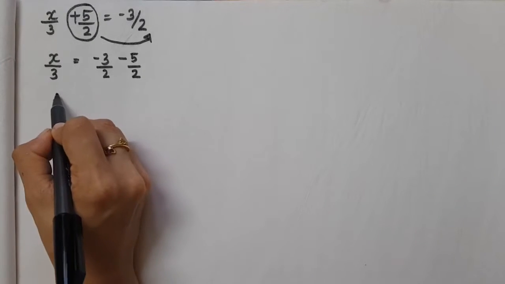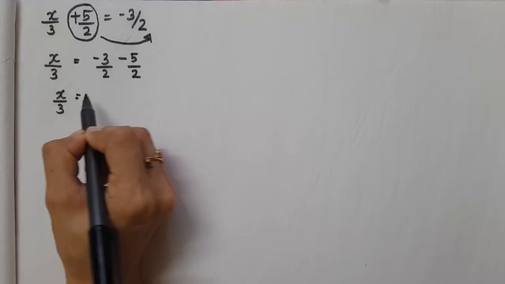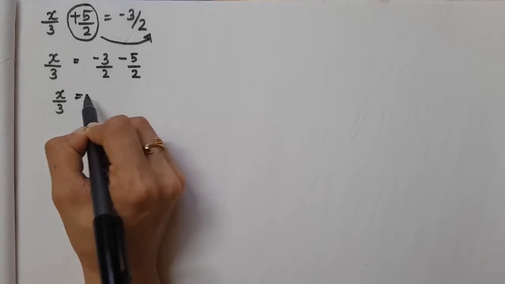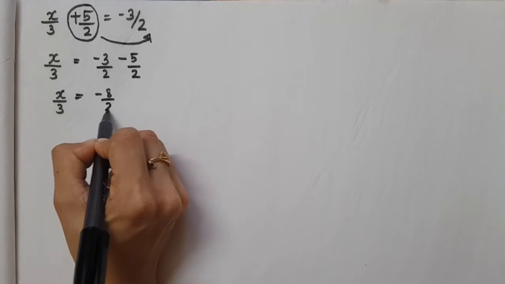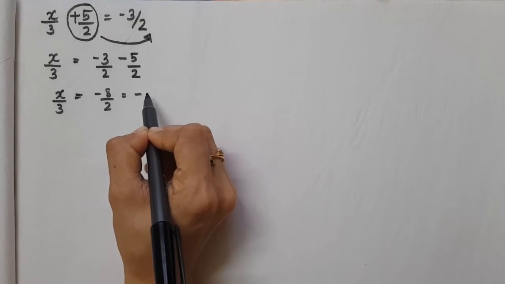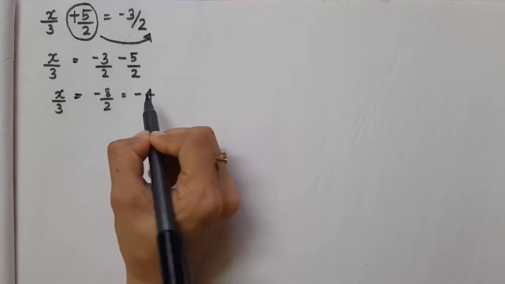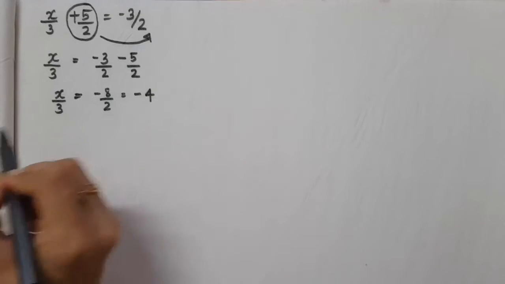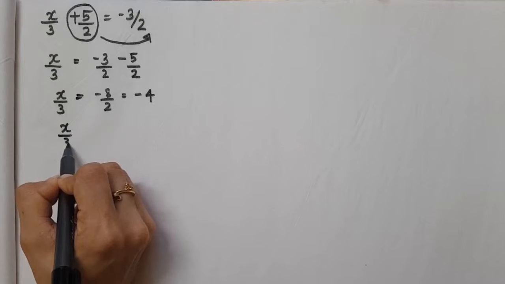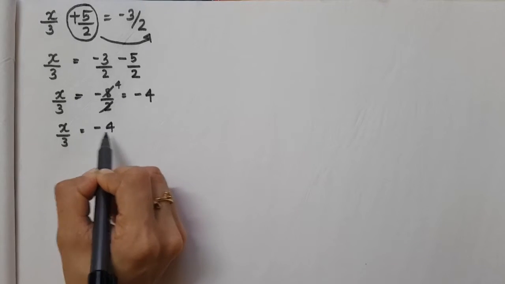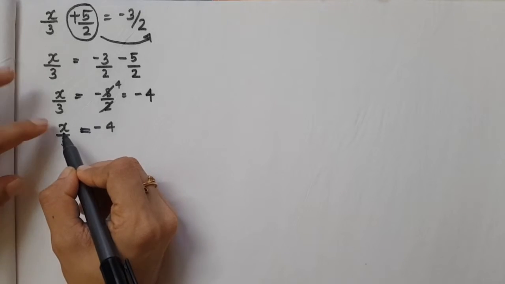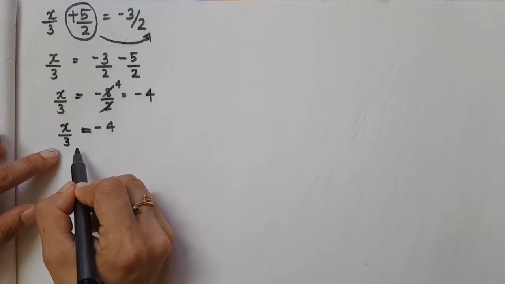Now solve it. It will become x by 3 is equal to, since both denominators are the same, we can easily solve it, minus 8 by 2, that is equal to minus 4. So x by 3 is equal to minus 4. Again the x is not alone, it has another number along with it.